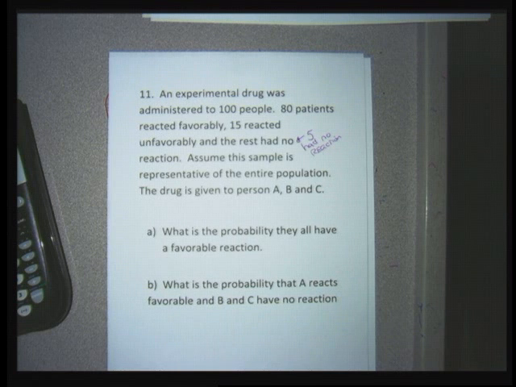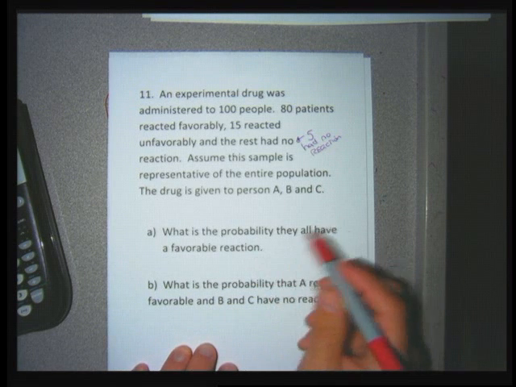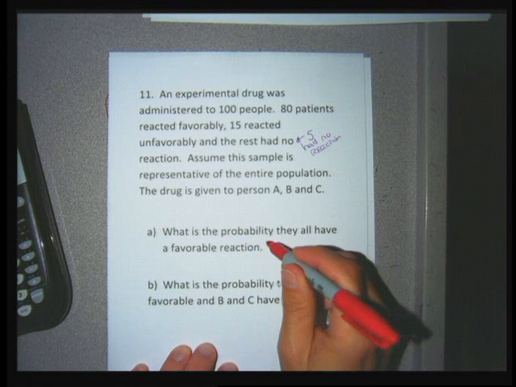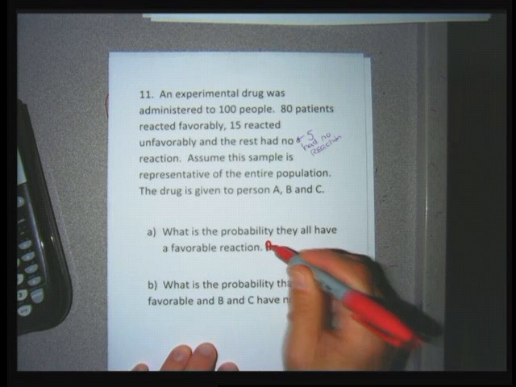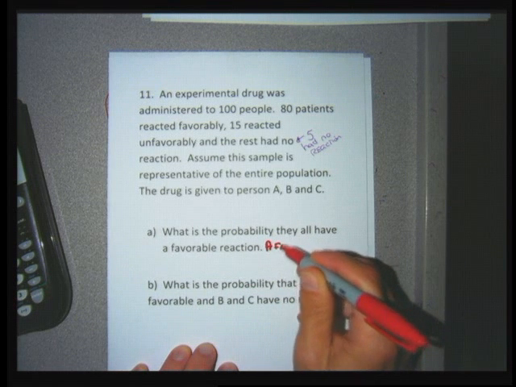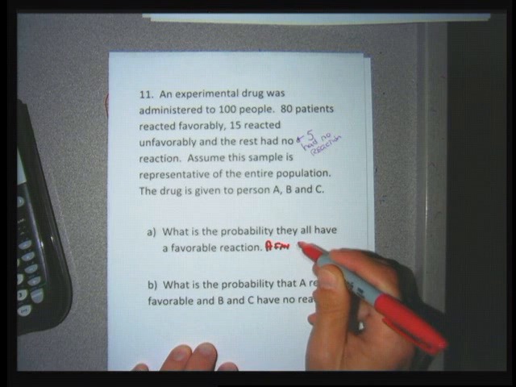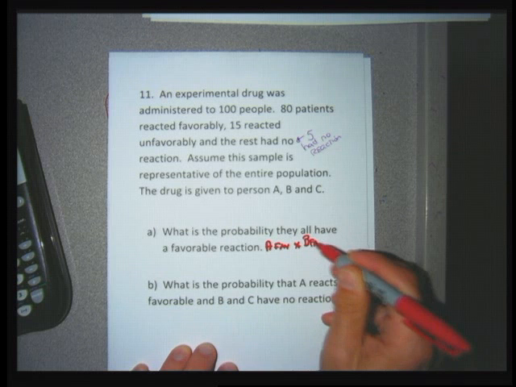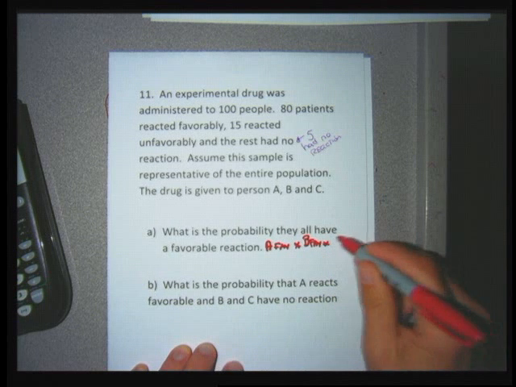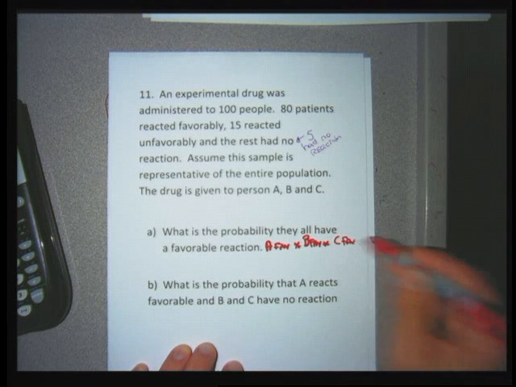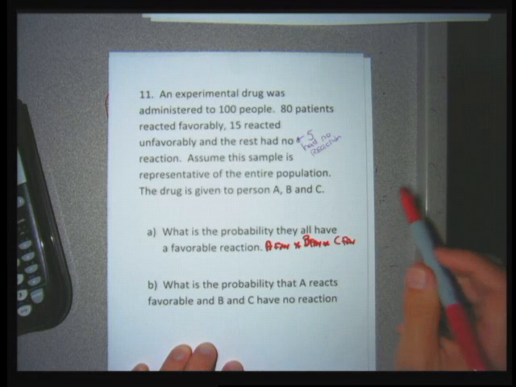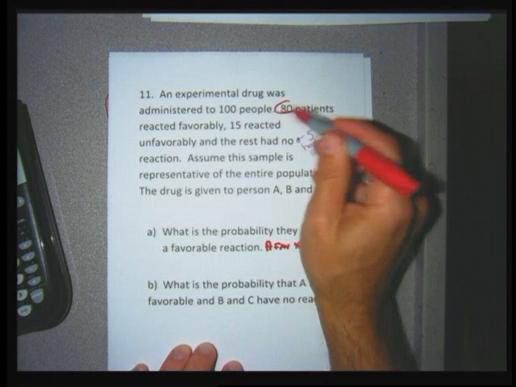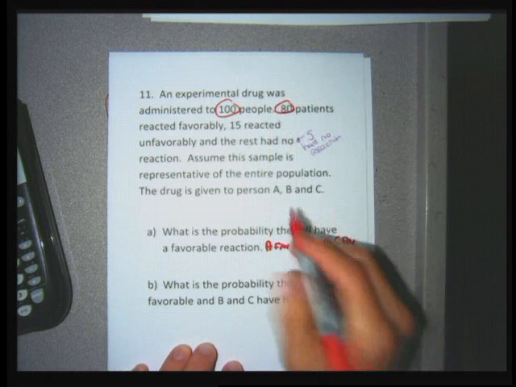So the probability that they all have a favorable reaction would mean the probability that A is favorable times the probability that B is favorable times the probability that C is favorable. And for this particular drug, 80 of the 100 people reacted favorably.